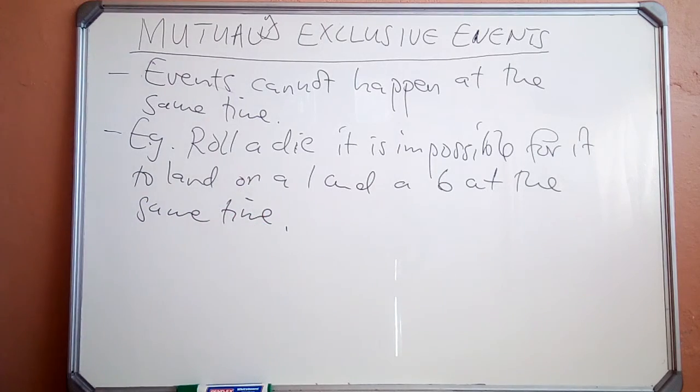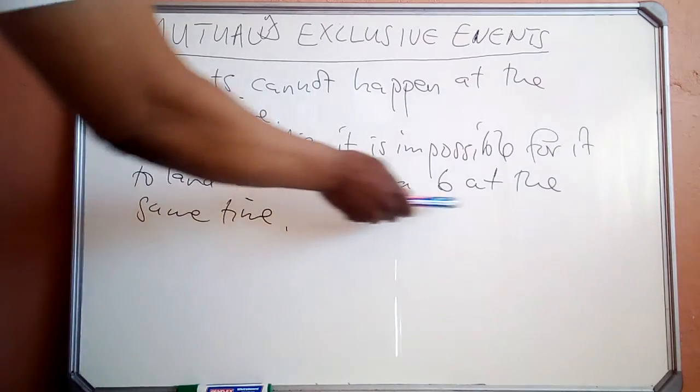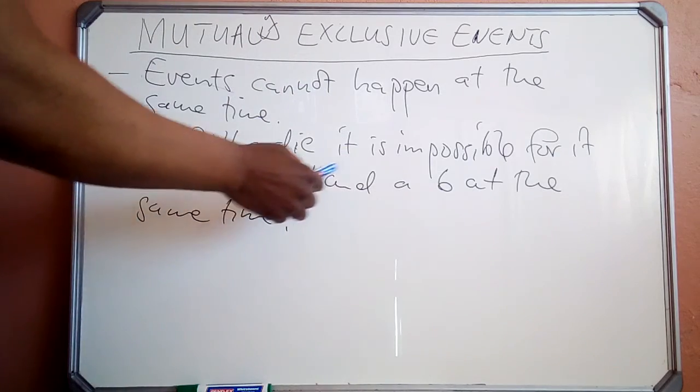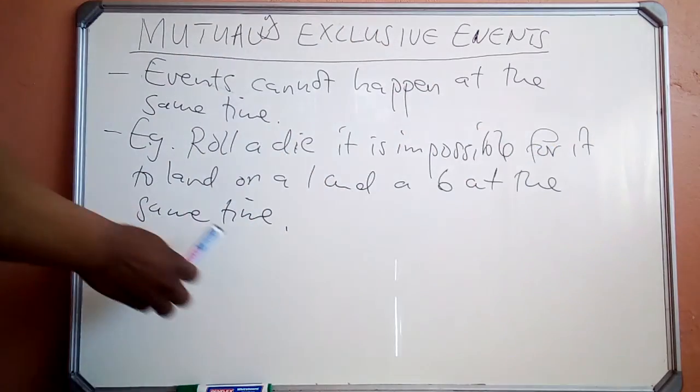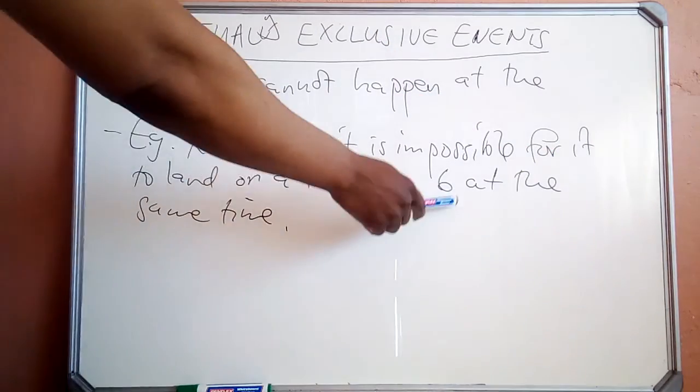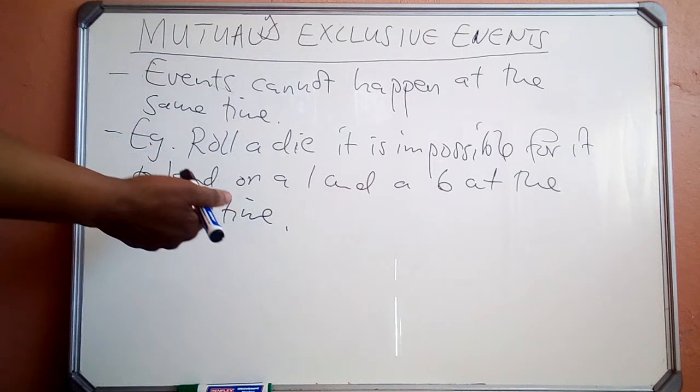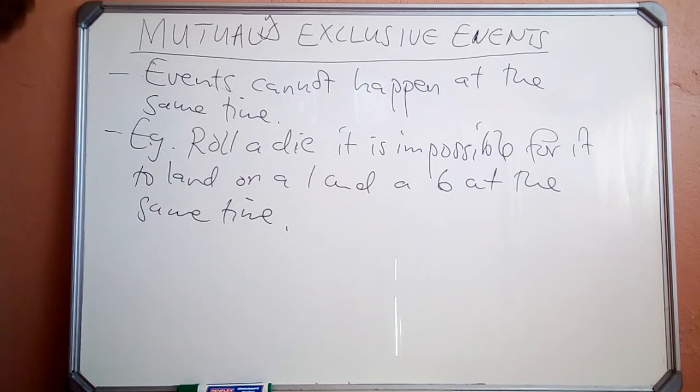So in other words, what we're saying is that 1 and 6 are mutually exclusive because once you roll a die, it is impossible for it to land on 1 and 6 at the same time. It can only land on one side at one given time.